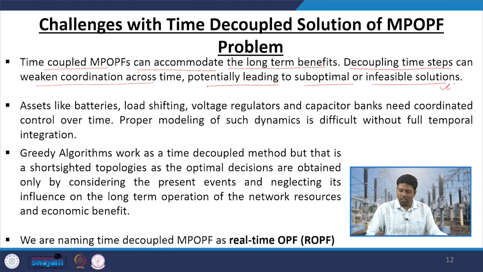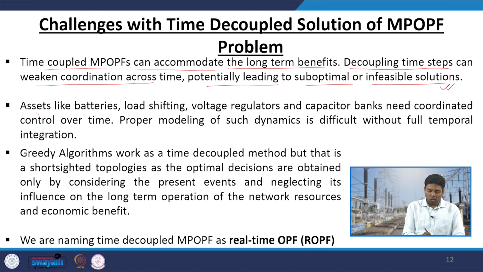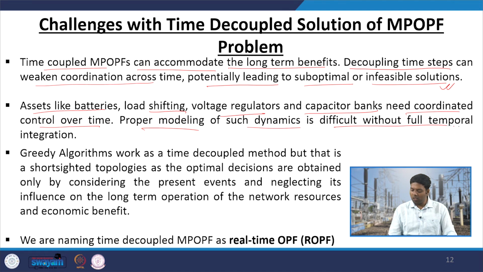There is a high probability of getting that kind of solution. Assets like batteries, load shifting, voltage regulators and capacitor banks need to be coordinated and controlled over time. So, proper modeling of such dynamics is difficult without full temporal integration.